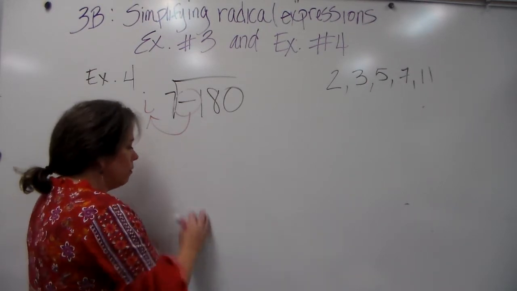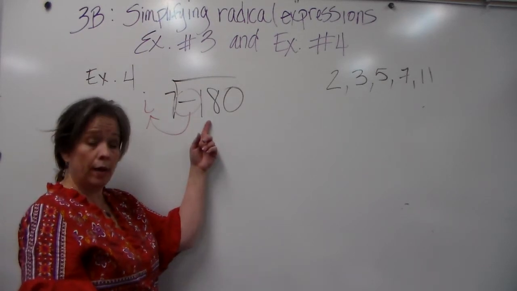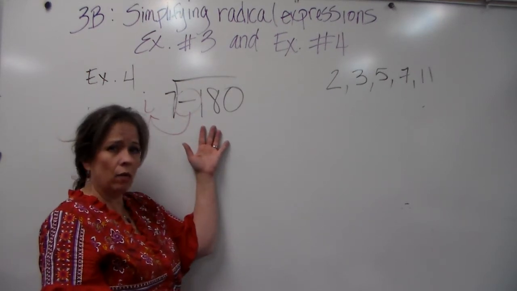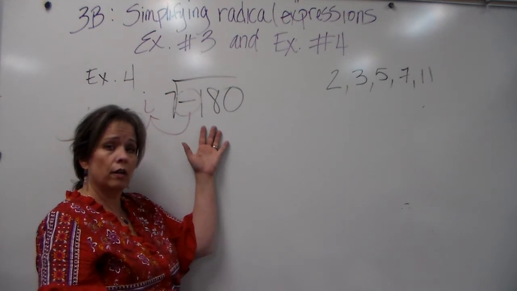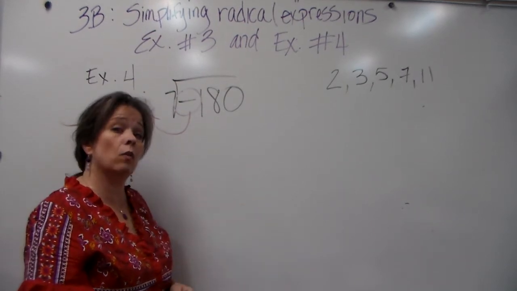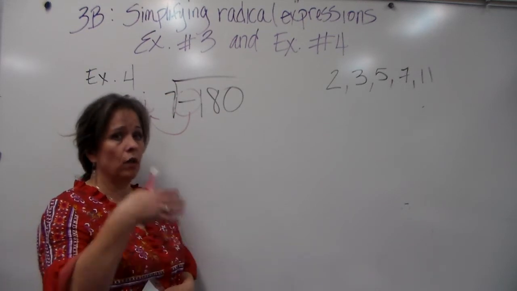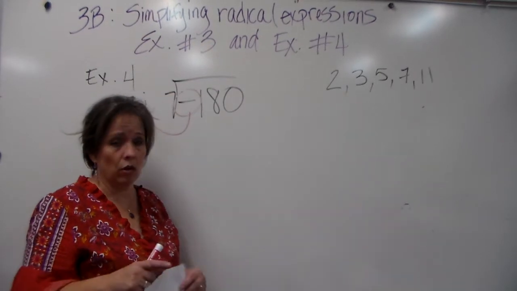We're going to go ahead and we're going to factor our 180 into primes, okay? When you have a number like 180, try solving that as a square root on your calculator to check to see if it's a perfect square. You'll know it's a perfect square if you go square root 180 and you get a number that's not a decimal.